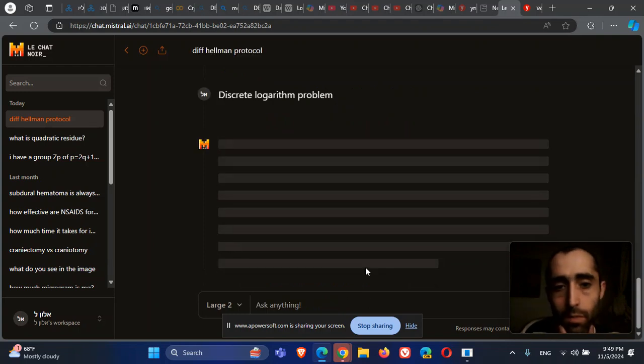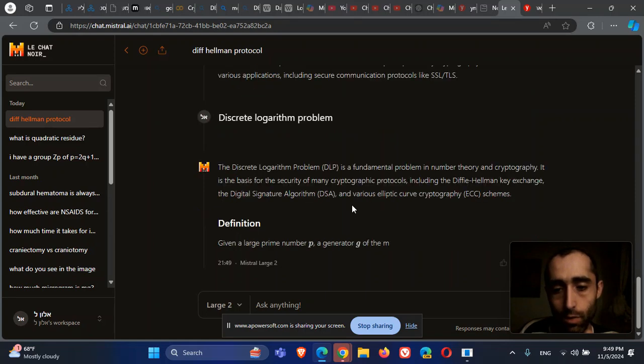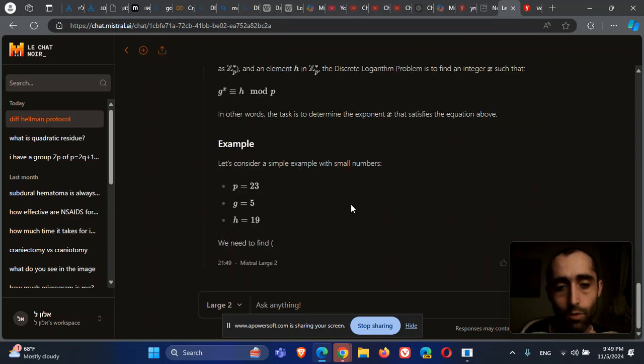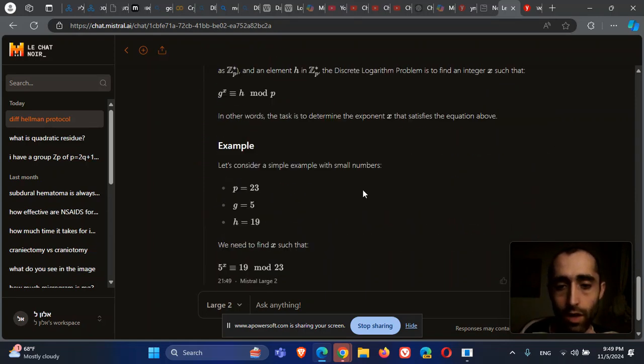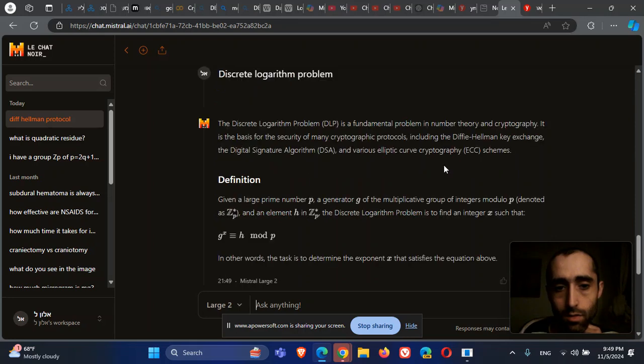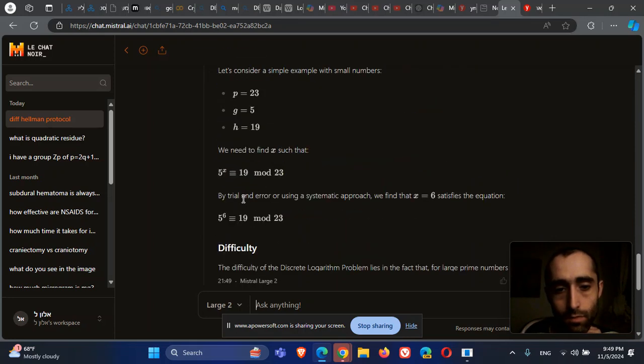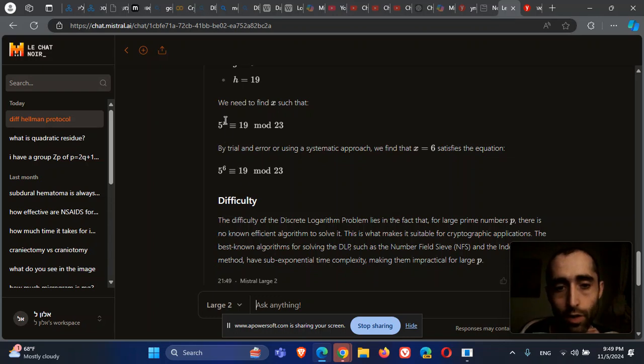And this problem in a closed set tells you that it's hard to get this. It is very hard to get this x.